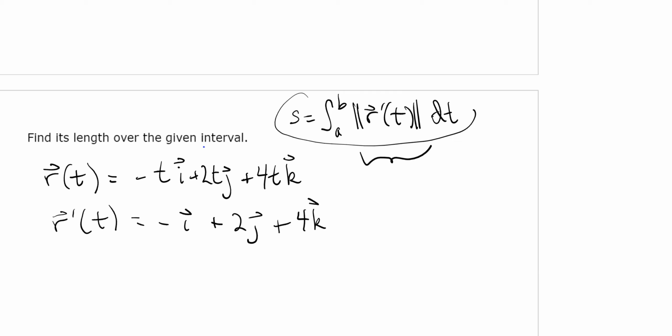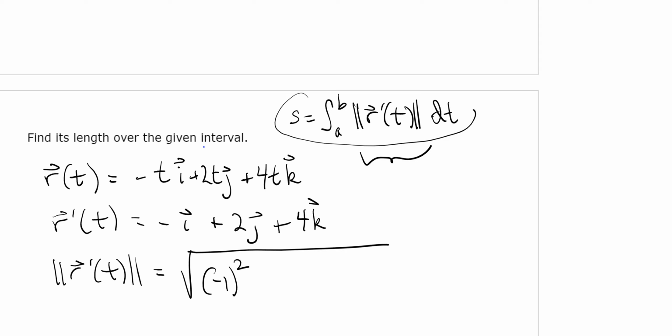And then we need the magnitude of r prime of t, which will be the square root of negative 1 squared plus 2 squared plus 4 squared. So that'll be 1 plus 4 plus 16.